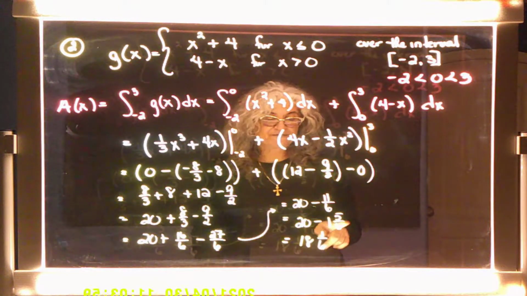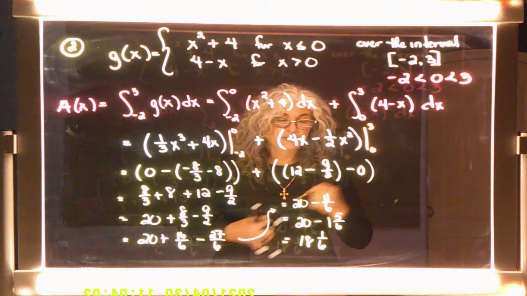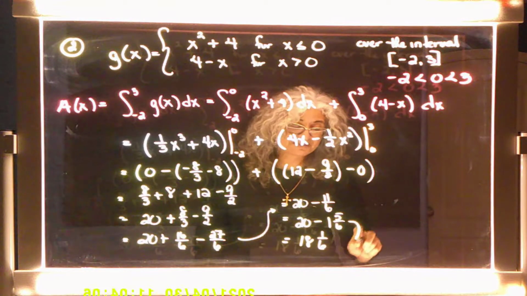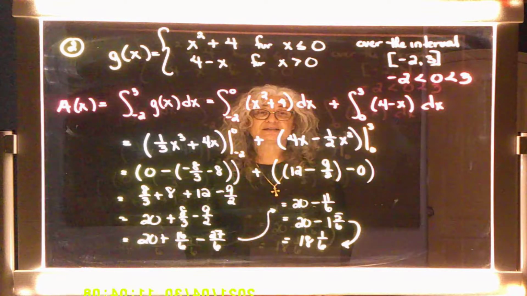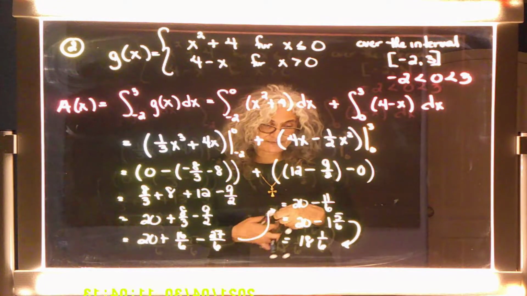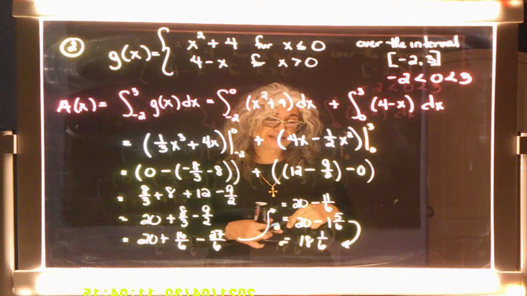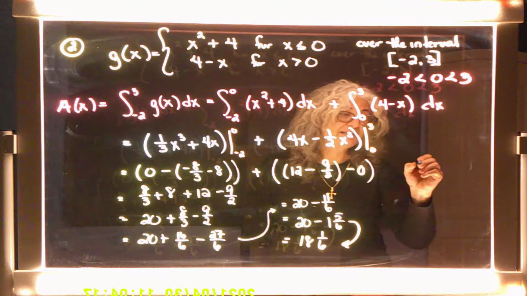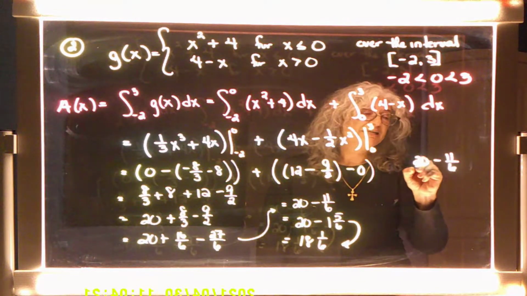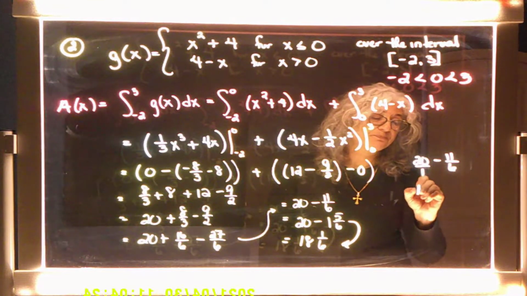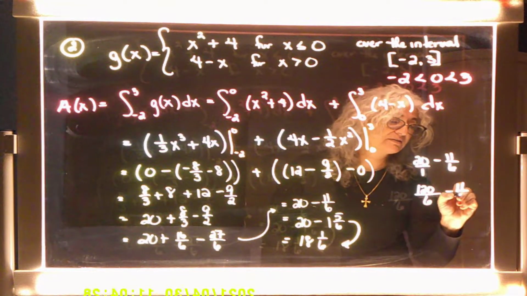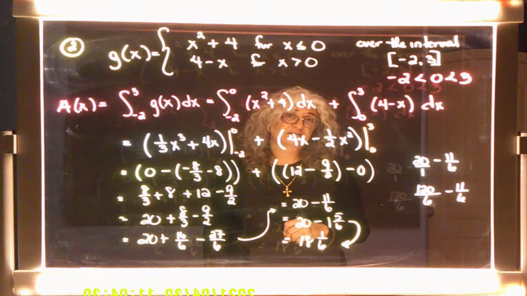Okay, so if this part has messed you up, going from 20 minus 1 5/6 to 18 and 1/6, then here's my recommendation. Take the 20 minus 11/6, get the common denominator. So I'm going to change the 20 into 120/6 minus the 11/6.